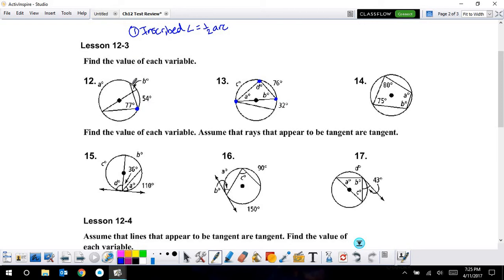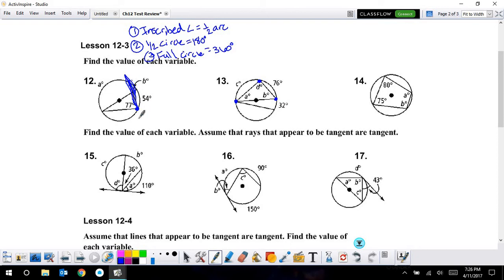It's going to be a second rule. So you've also got to remember that for half a circle, the arcs add up to equal 180. For full circles, the arcs add up to be 360 degrees. So if I look at 77 degrees, it's this angle.